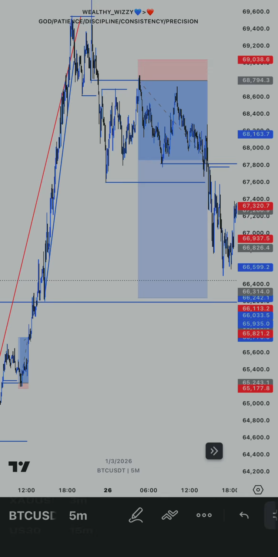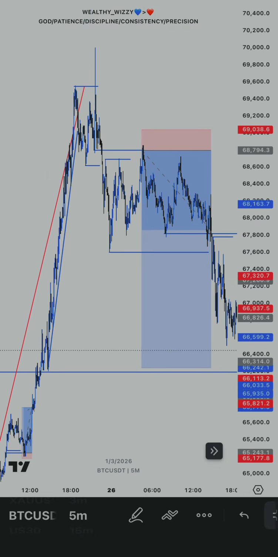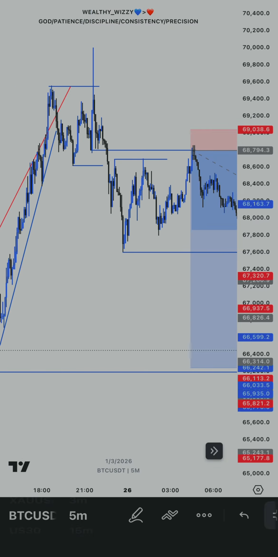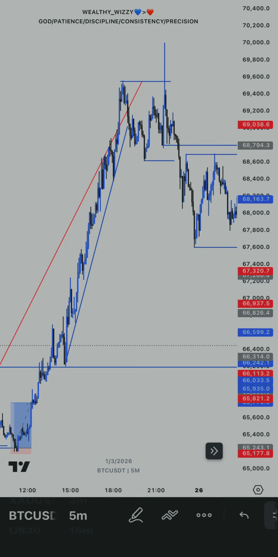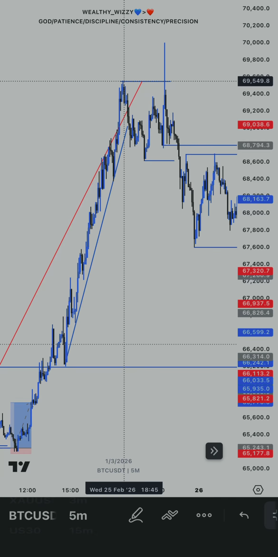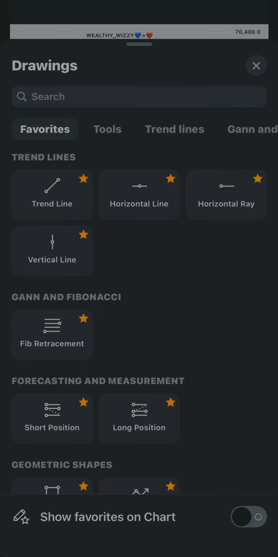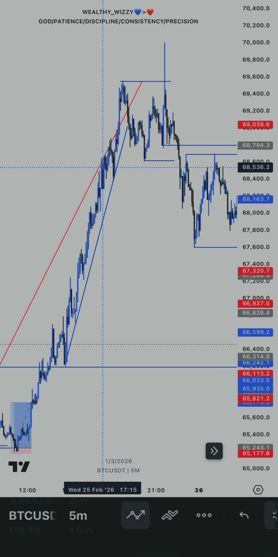So after the liquidity sweep, remember price was giving a series of highs and lows. This was the last high that it gave. Let me draw it out. So let's start from here.